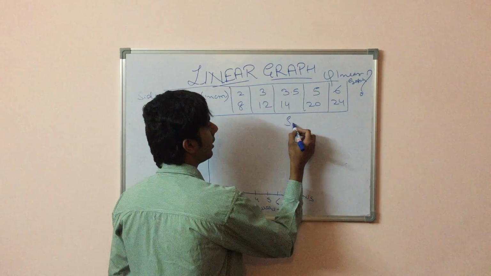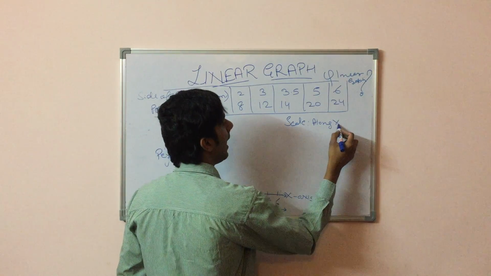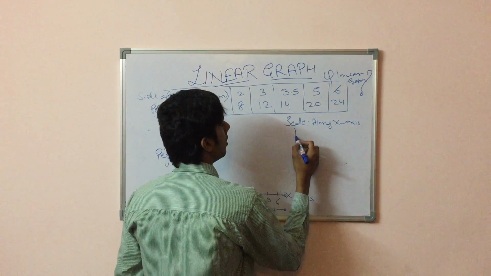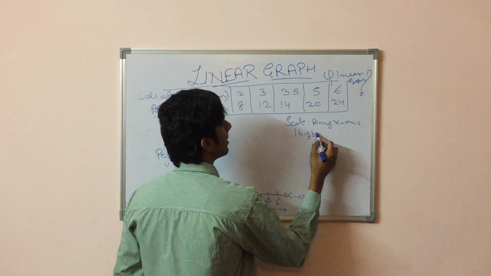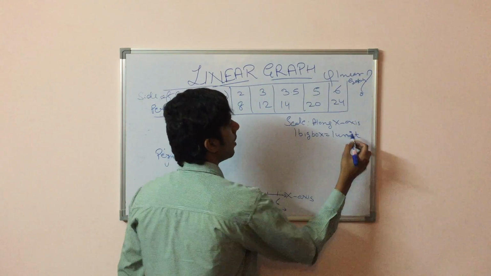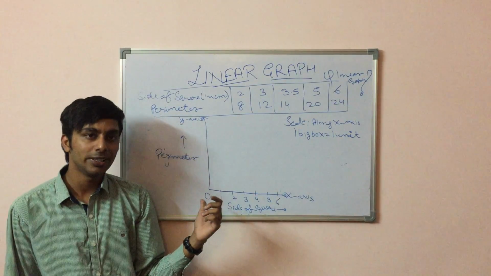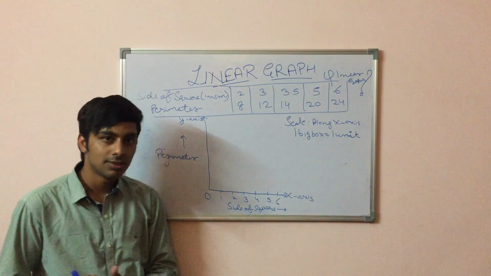And we can also write down the scale: along the x-axis, one big box equals 1 unit, right?